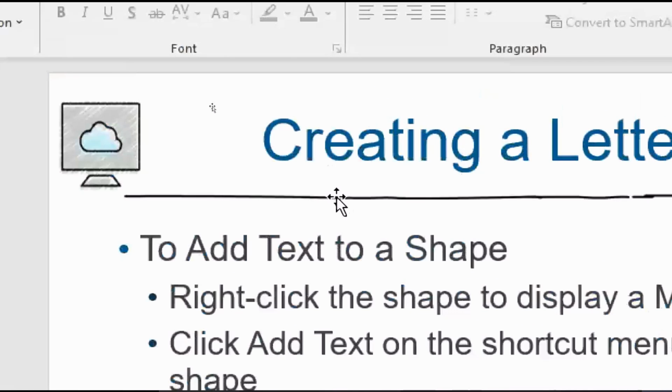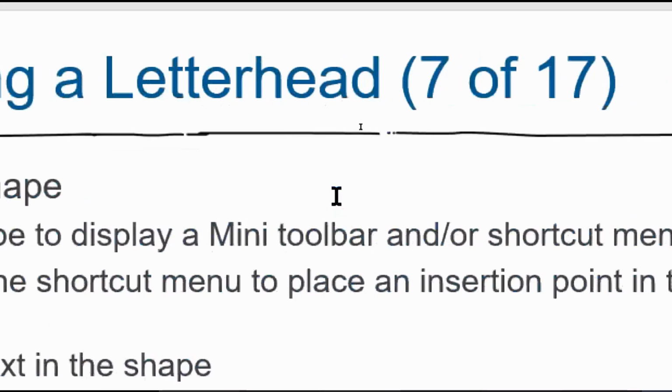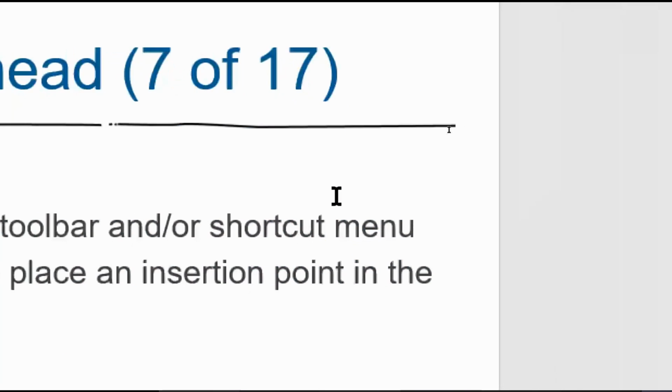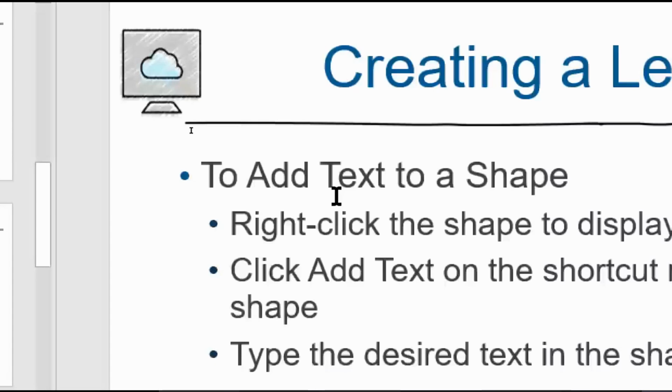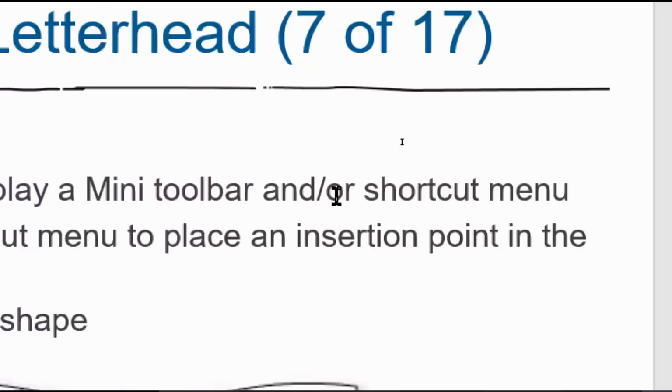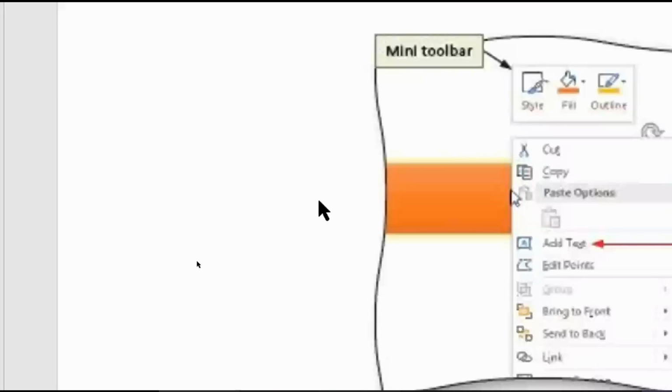Adding text to a shape, you can right-click the shape to display the mini toolbar and shortcut menu. Click Add Text on the shortcut menu to place an insertion point in the shape, and then type the desired text.